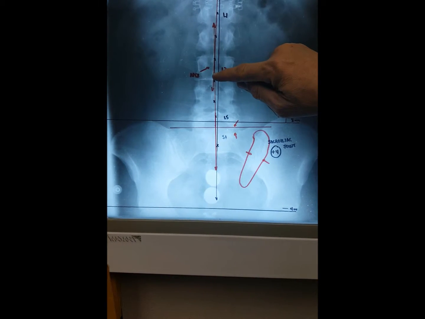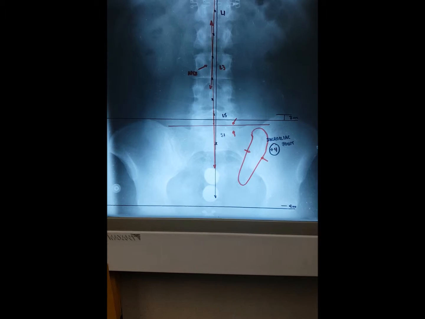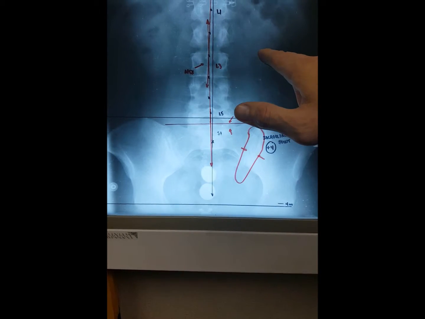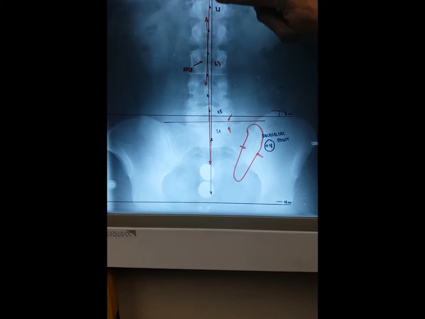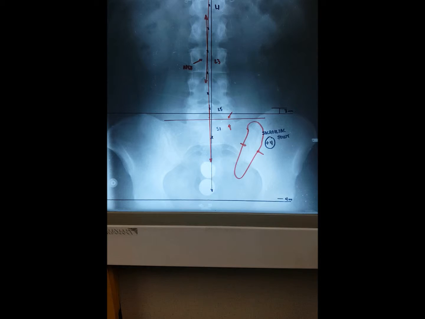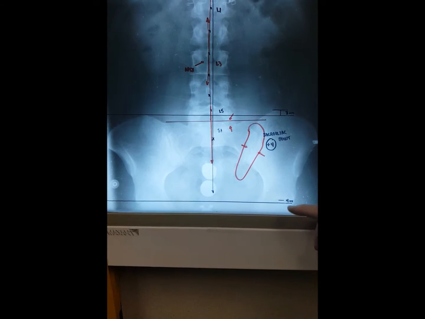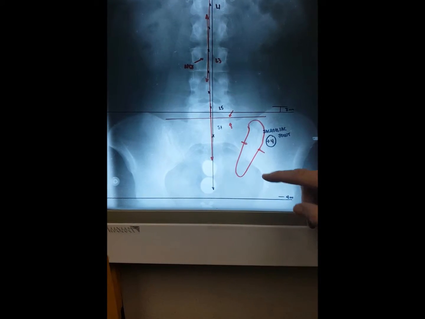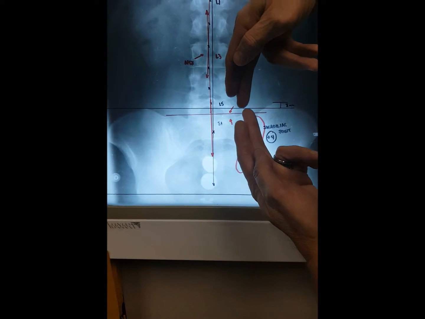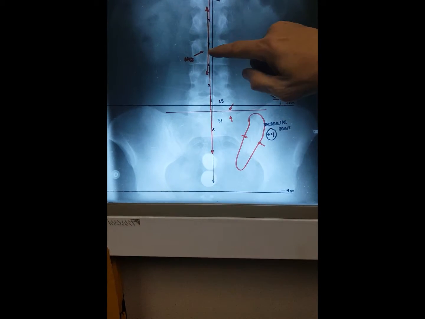At L3, the body's recognizing that it's been translated to the left-hand side, and it's basically going to transition and compensate and start pushing the vertebrae back towards midline. That's called the apex of the curve. There's a lot of stress in this particular case at the hip, at the sacroiliac joint, at the L5-S1 facet joint because of the way the vertebrae are basically being pressed together, and then also at the apex of the curve.